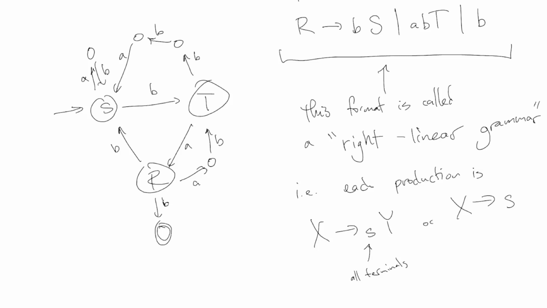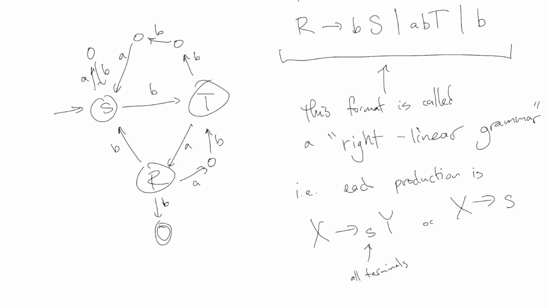There are a lot of classifications of different types of grammars, and these right linear grammars are very simple ones, very easy to work with because they can always be converted into NFAs. There are other types of grammars that we're going to be discussing. Automatically, the language is regular if you're using a grammar of this type because you can always convert to an NFA, so that makes it regular.